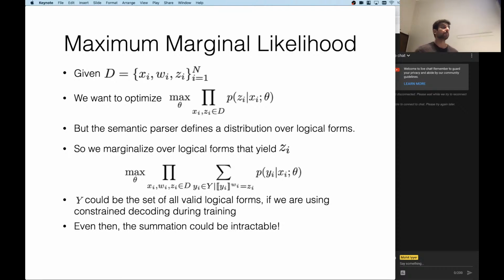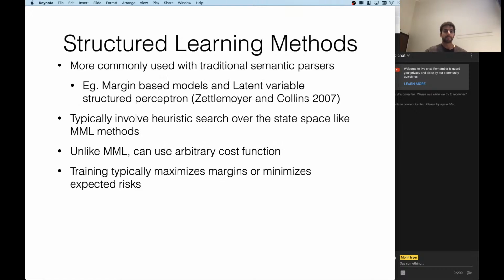If the set is dominated by such logical forms, then learning becomes very challenging. Your signal is not putting a lot of probability on the correct logical form. It's distributing that probability mass over a bunch of other incorrect logical forms. So these are some of the many challenges associated with this kind of process.